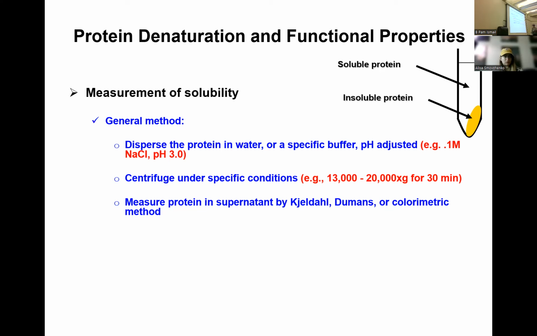You vortex really well, so the protein is well dispersed and you can get the total protein in the dispersed solution. Then you centrifuge, then you take the supernatant and you measure protein in the supernatant. Then you take the ratio of protein in the supernatant versus total protein that you got from your wonderful LECO instrument, usually, and multiply that by 100, which gives you the percent of protein that remained soluble.